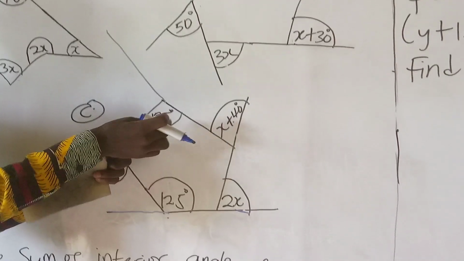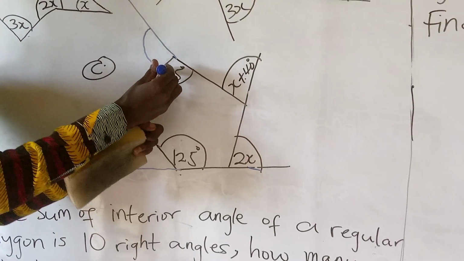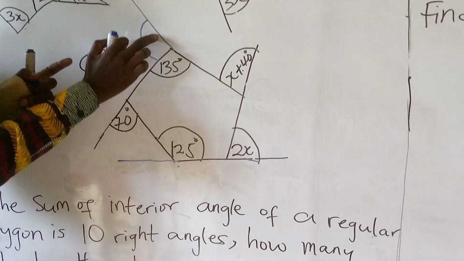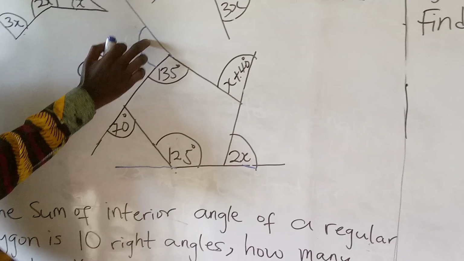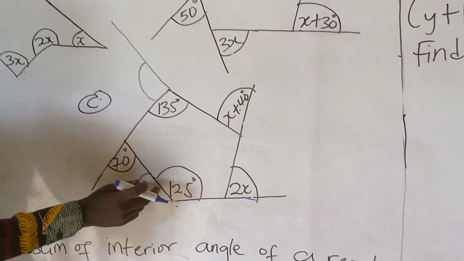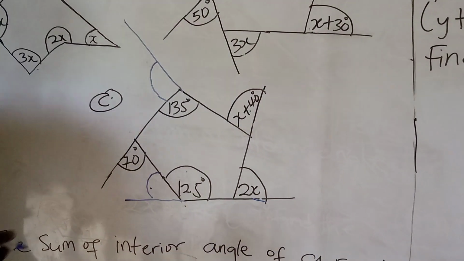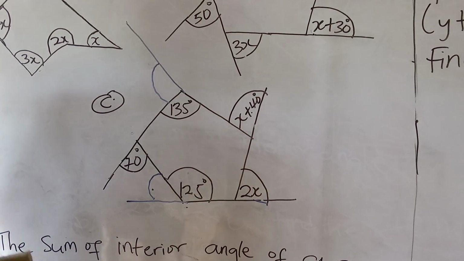So you see, this is interior angle and this is the adjacent exterior angle. This means once you sum this up, you get 180 degrees. This too is the adjacent exterior angle. Once you sum this one up, you get 180 degrees. So you represent it with a variable.